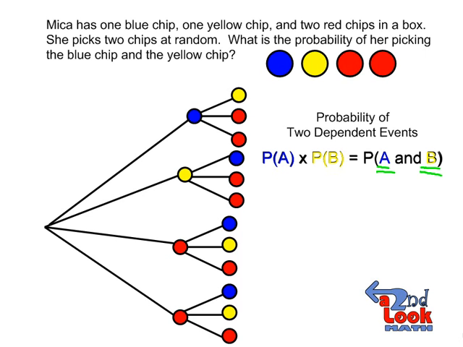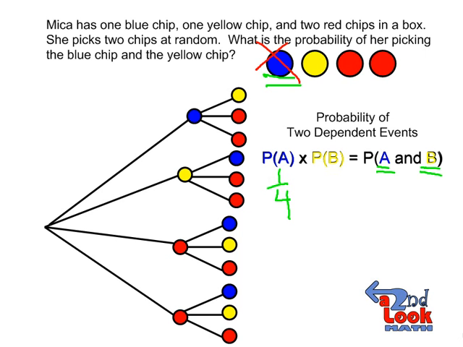The probability of event A being the blue chip happening is 1 out of 4, because there's one blue chip out of 4 chips. Now, if we pick this one, as we did before, we can cross this one off, and that leaves 3 other options.